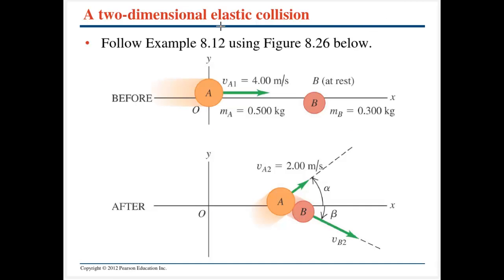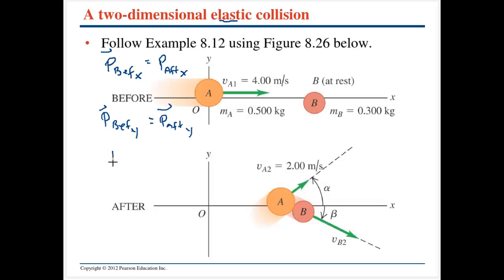Here I'll genuflect in the direction of two-dimensional elastic collisions, remembering that we're always going to write the momentum beforehand in the x direction is going to be equal to the momentum afterwards in the x direction. The same thing for the y direction, we're going to write momentum beforehand in the y direction is equal to the momentum after in the y direction.